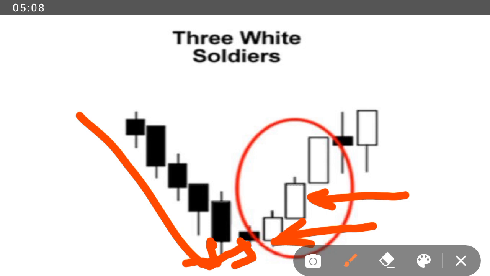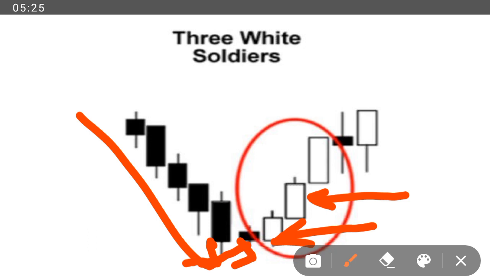What does that mean? It has a small shadow. It must have a small shadow. It must not have a big shadow. If it has a big shadow, especially if the shadow is bigger than the body, that means it is invalid.